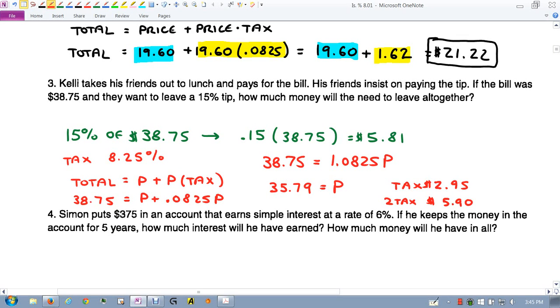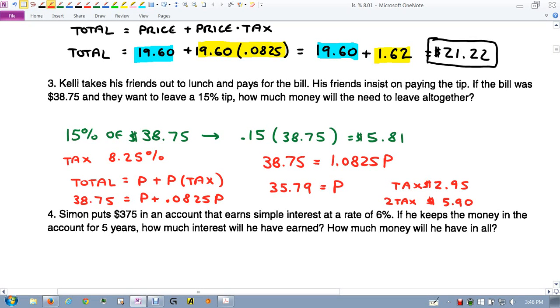Again, I think that this is open to interpretation because of the word they. How much money will they need to leave together? When they say they, do they mean his friends, or do they mean everyone including Kelly, the whole table? That's what I'm saying. It's open to interpretation.